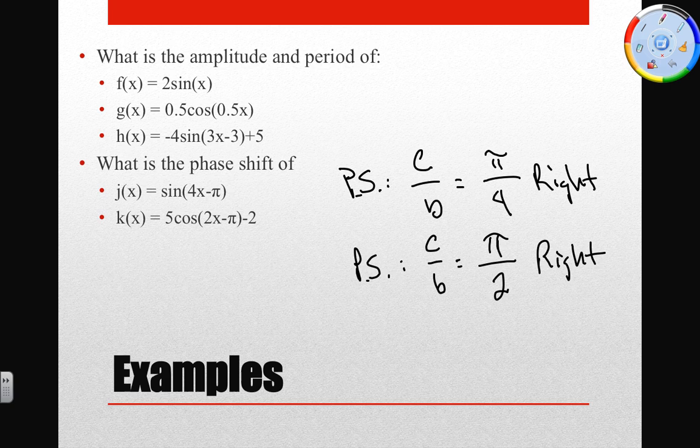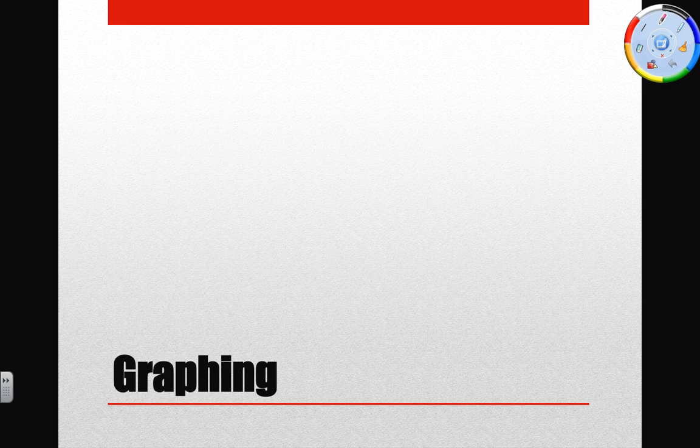Okay, we're not going to try graphing on this particular video. What I want to do is discuss how to graph. There are two methods for, right now, sine and cosine, how to graph.